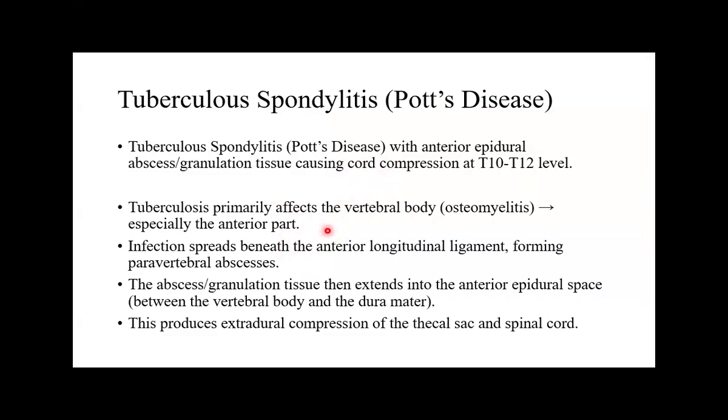Tuberculosis primarily affects the vertebral body, causing osteomyelitis. So the abscess or granulation tissue extends into the anterior epidural space and produces an extradural compression of the thecal sac and spinal cord.